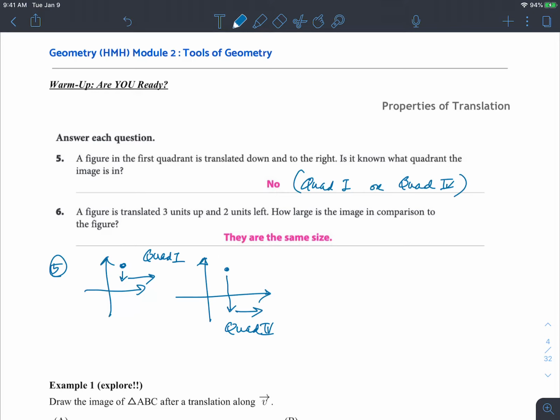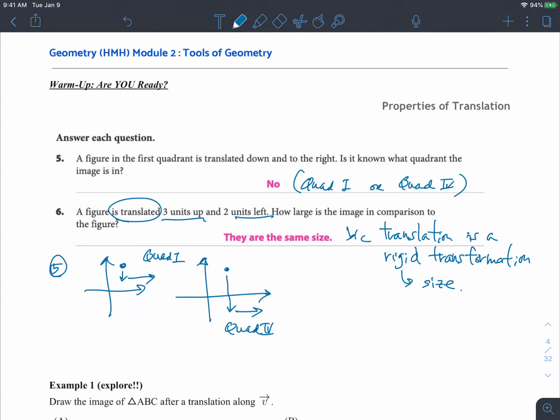Number 6, that they're the same size, it's because the keyword over here is translation, up and left. Translation, by definition, we mentioned that in an earlier lesson, is a rigid transformation, and the word rigid implies that the size and the shape remain the same.